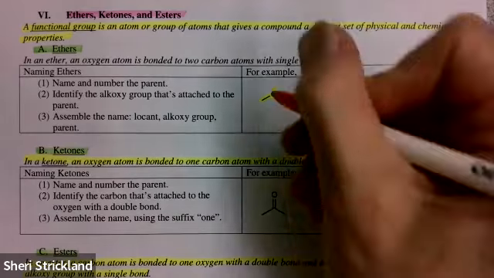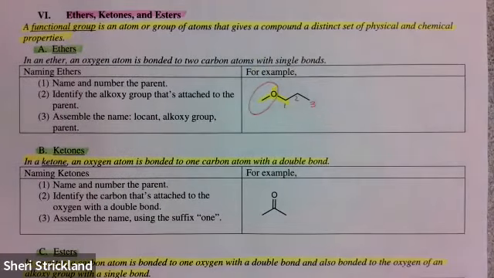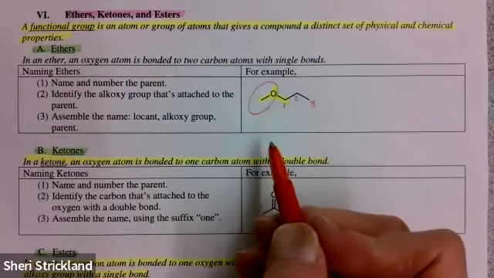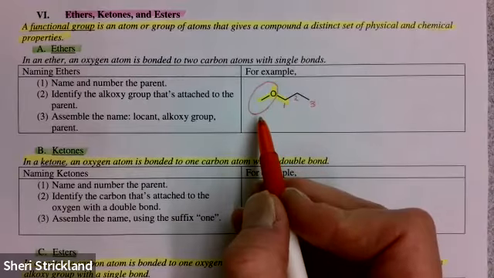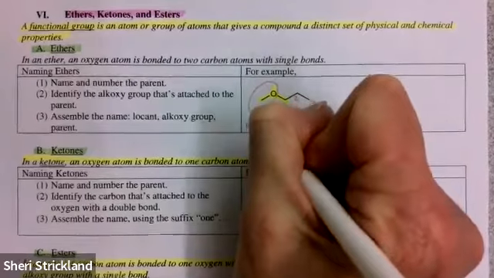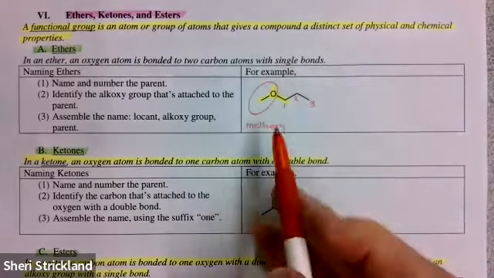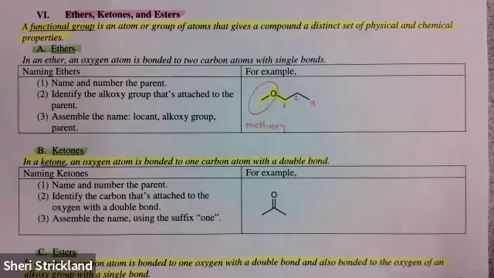So that's the parent, and then this here is the alkoxy group. Now it's one carbon. One carbon was methane when it was an alkane, it was methyl when it was an alkyl branch, and when it's attached to an oxygen like this, it's called methoxy. The oxy just tells you that there's an oxygen in it, and the oxygen is actually bonded to the parent.